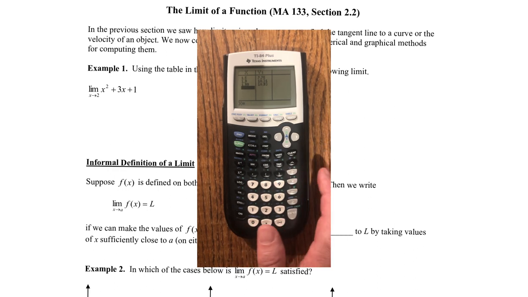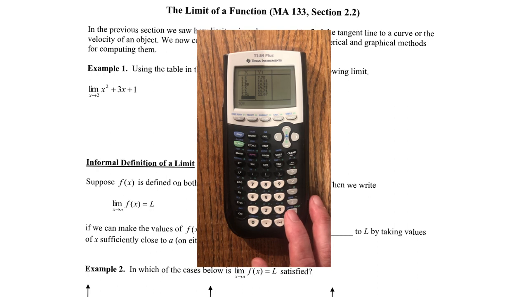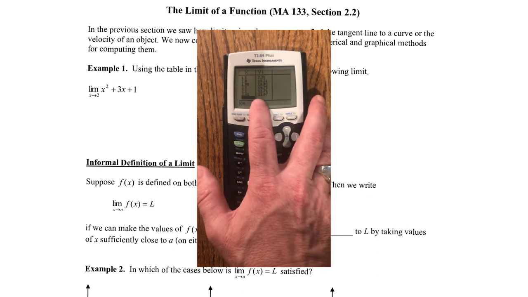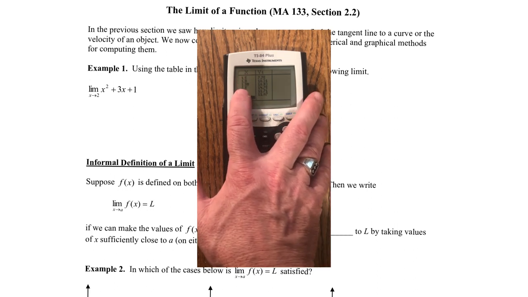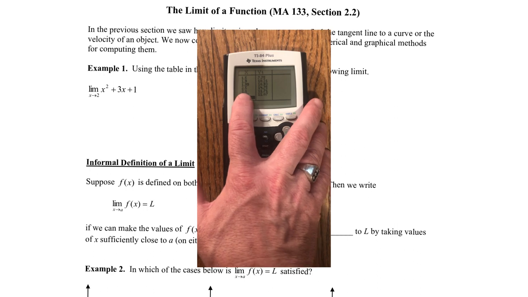So let's say I can't plug in 2. So I'm going to come in from numbers now above 2, like 2.5, 2.1, 2.01, and you can see it looks like we're approaching 11 as we approach 2. It looks like the function is getting closer and closer to 11 as we come in values below 2 and also values from above 2.